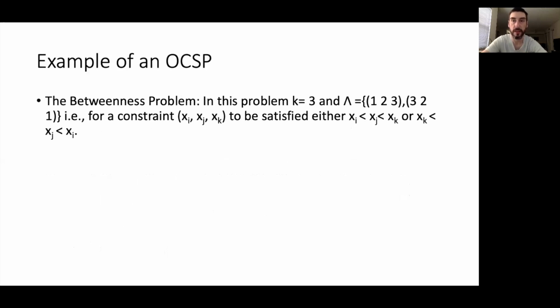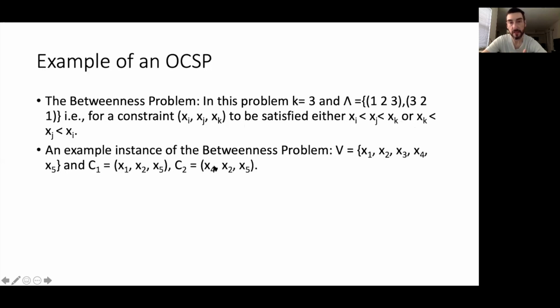The first one is the identity, or 1, 2, 3, and the second one reverses the elements, so 3, 2, 1. And what this means is for a given constraint, xi, xj, xk, it's satisfied if and only if xj is between xi and xk in the ordering. So these two possibilities here.